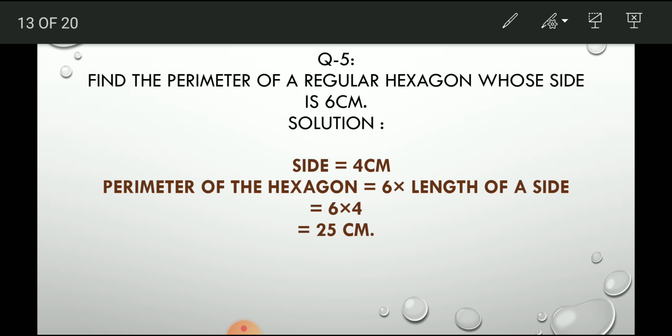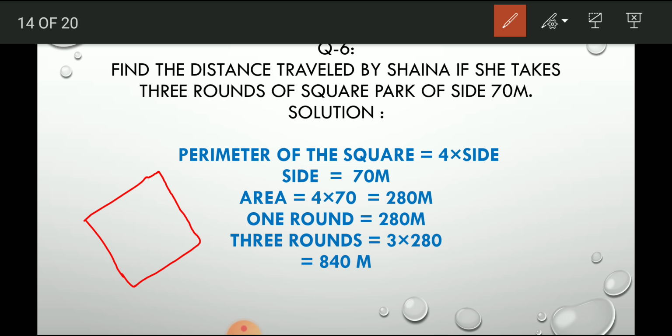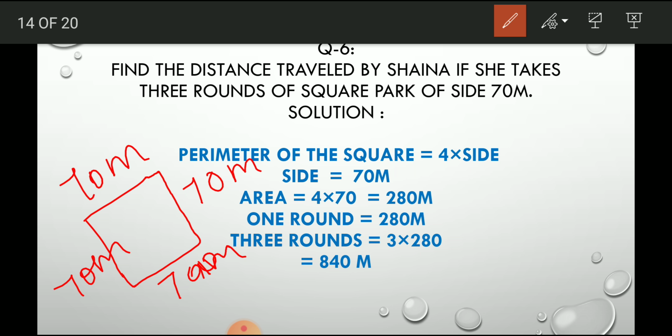See, I just explained by the shapes. Okay, so here this is a square park. Square means we know that the 4 sides are equal. Okay, so this is 70 meter. This is 70 meter. Then this is also 70 meter. This is 70 meter. Okay, this is the park. Okay, so Shaina takes 3 rounds.